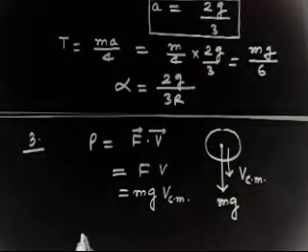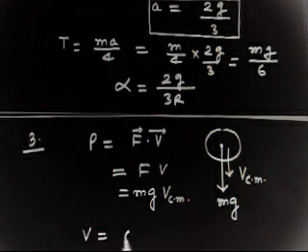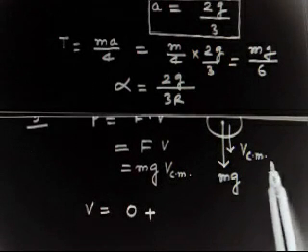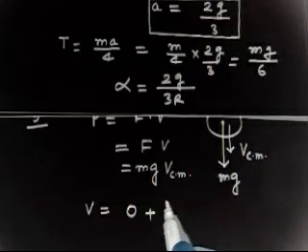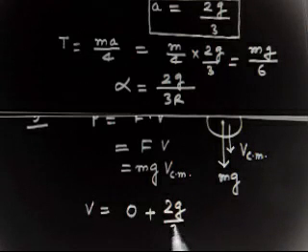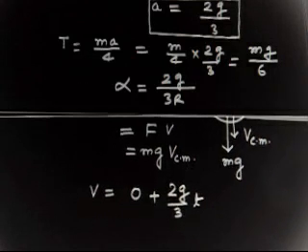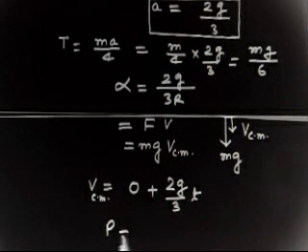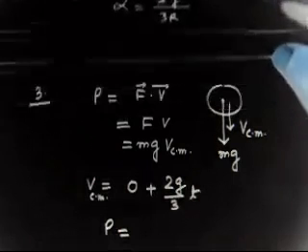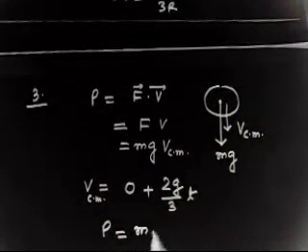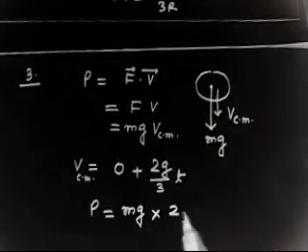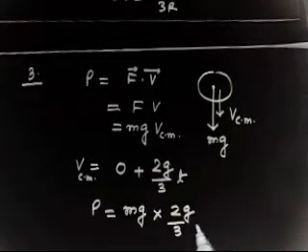Now we have to find the velocity of center of mass. Initially this starts from rest. So v is equal to u plus at, with acceleration a. Now we have found 2g by 3 is the acceleration in the first part, into t. So this is the velocity of center of mass. So the power generated will be F dot v. F is mg into 2g by 3 into t.